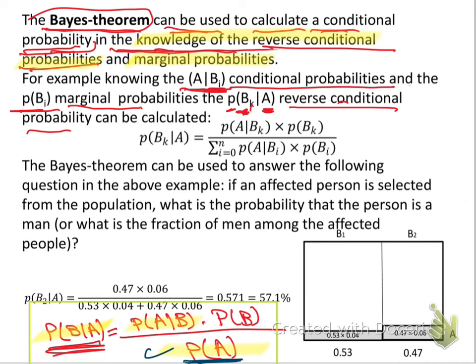So I have A given B, and here you want to get B given A. So the probability of B given A equals the probability of A given B, because this is the purpose of all this exercise: I want to swap them to get the reverse one, to use the reverse one to get the answer of this one. So I need the probability of B given A. I can use the probability of A given B times the probability of the first one, divided by the probability of the last one, which is the probability of A.